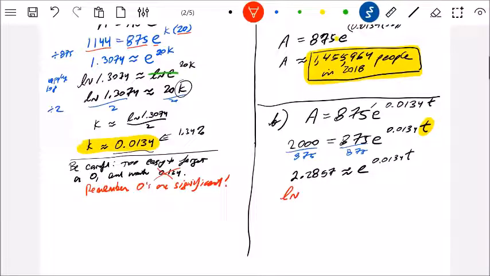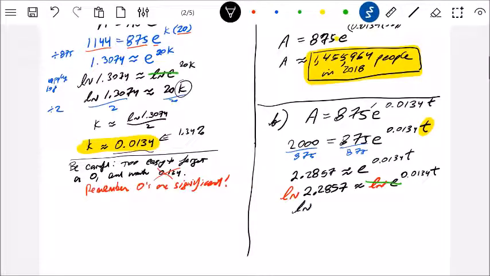So we're going to do natural log 2.2857. In fact, I think I'll do that back in black and just keep the natural log part in red. Natural log of 2.2857 is approximately natural log of e to the 0.0134 t. And these will cancel out.